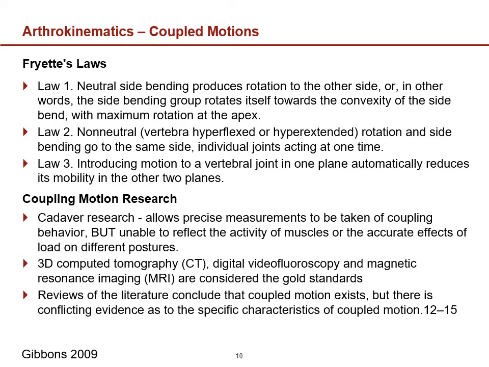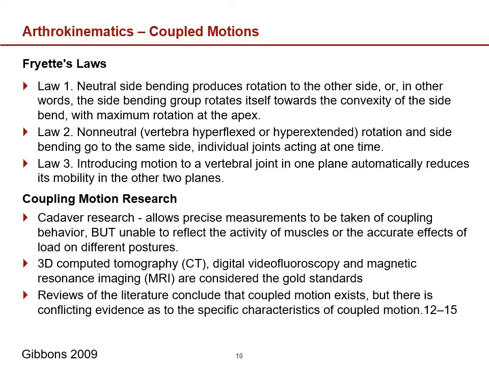Or in other words, the side bending group rotates itself towards the convexity of the side bend with maximal rotation at the apex. Fryette does not specify what region of the spine he's using his laws for. Presumably, this is for all regions.